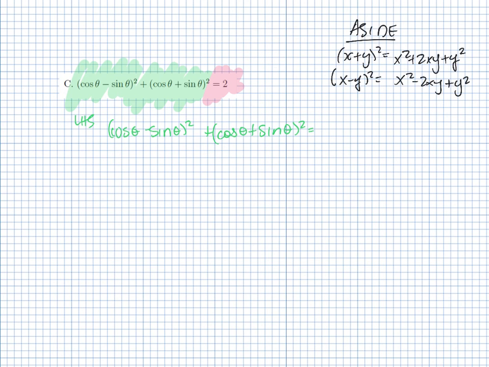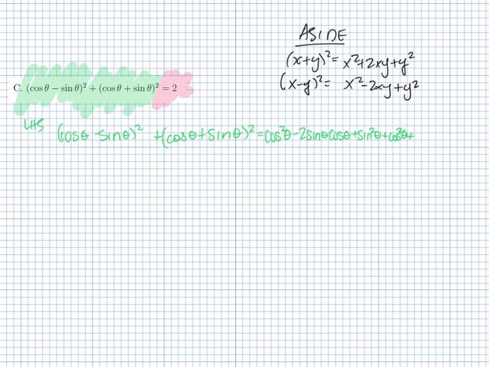So we should get cosine squared theta minus 2 sine theta cosine theta plus sine squared theta plus, and then we'll work on the second part of this, cosine squared theta plus, scoot this over a little, 2 sine theta cosine theta plus sine squared theta. So let's look at some things here.